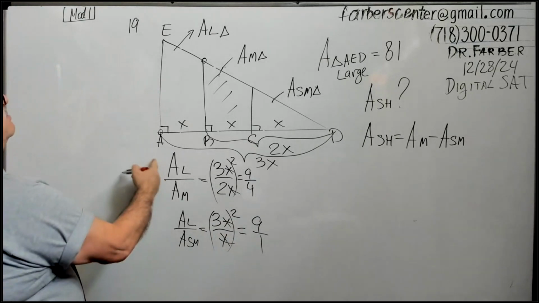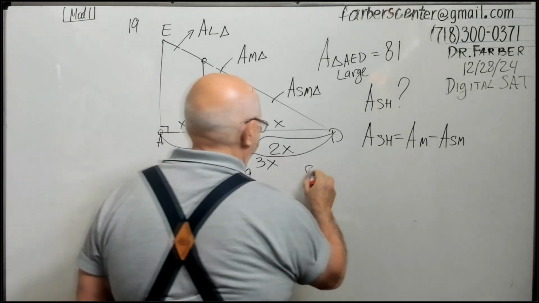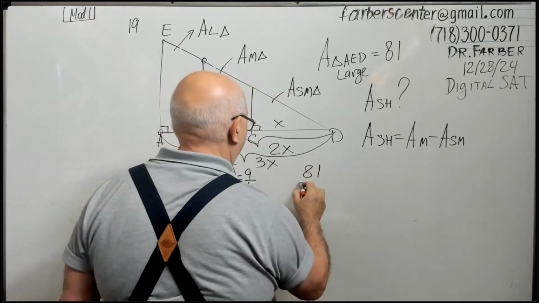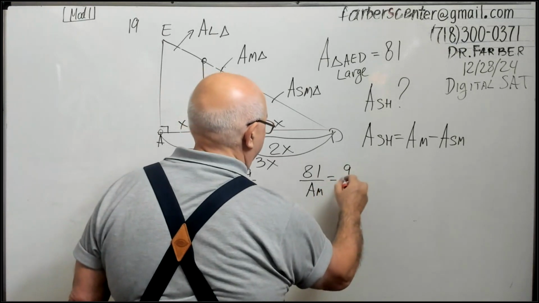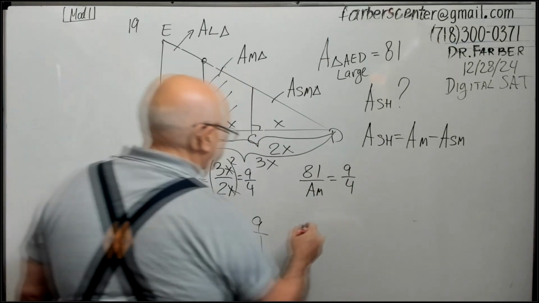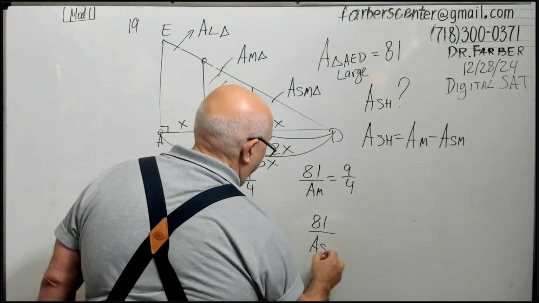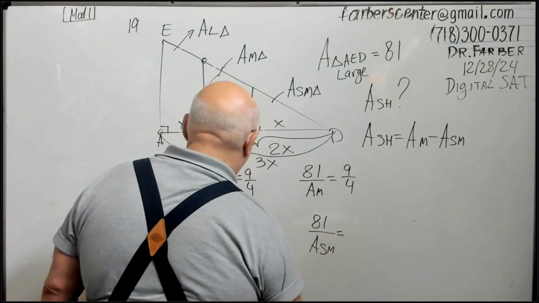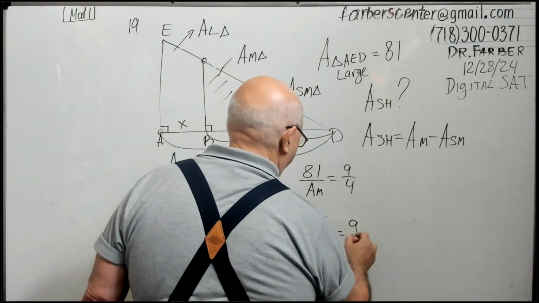Area large is given, it is 81, over area medium equals 9/4. Or 81 over area small equals 9/1.